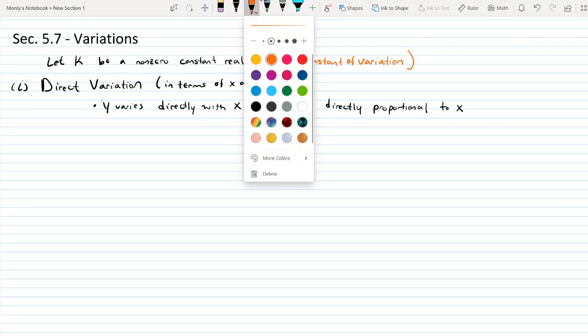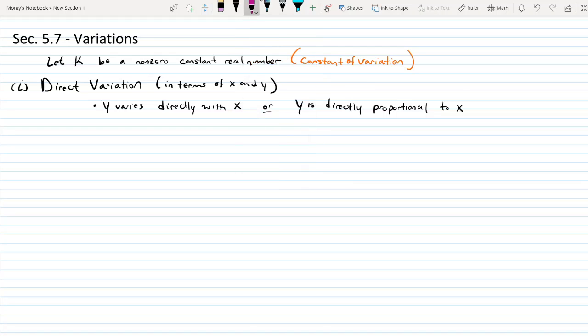Now, a way these can be described algebraically is y is equal to your constant of variation k times x. Or if you wanted to have it in terms of k, you could divide both sides by x and you end up with y over x is equal to k.